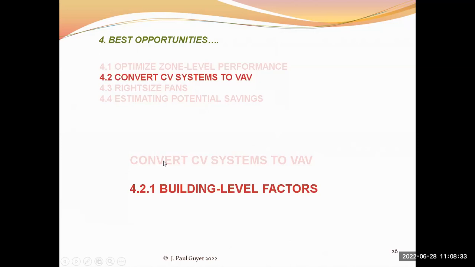Now you have what might be called building level factors to be considered in a retrofit energy efficiency project. One of the building level factors that you need to take into account and think about is access that the contractor will have to all of the necessary pieces of the system.